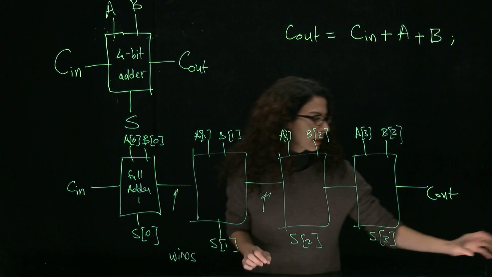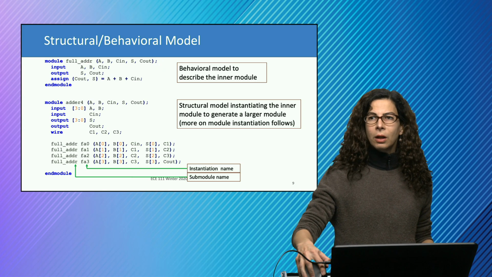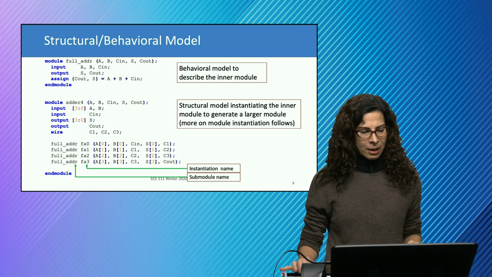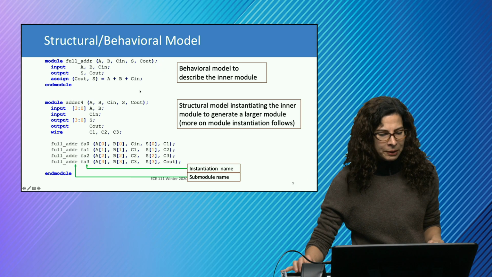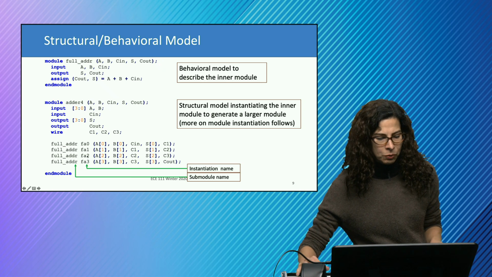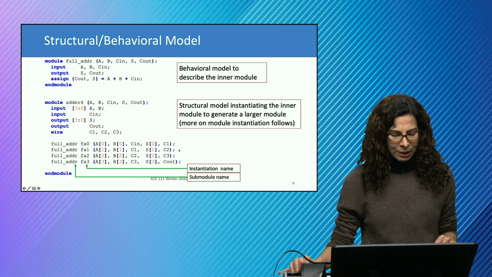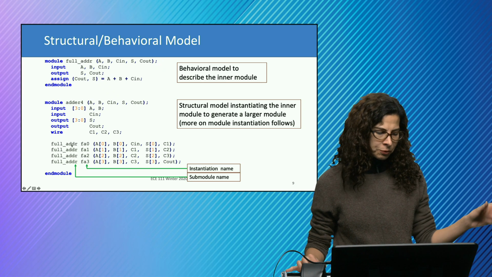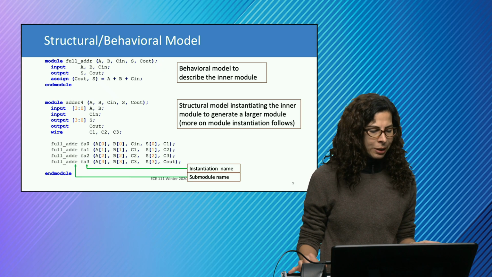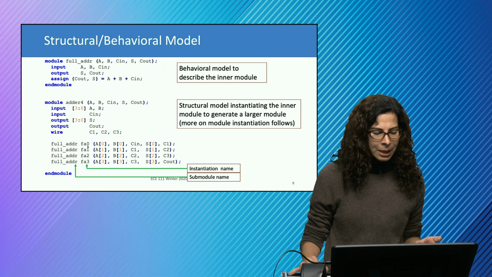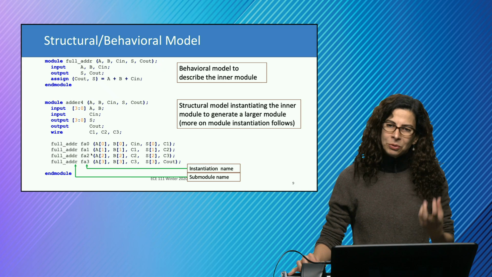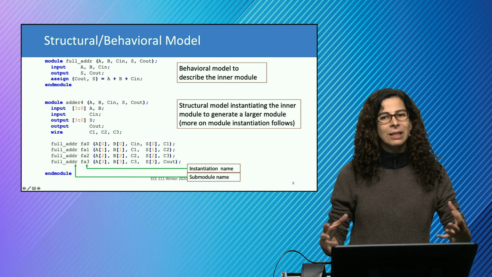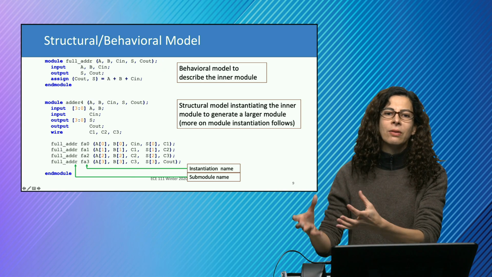Let's take a look at what it looks like in the computer program. Looking into the description of this module in the behavioral model versus the structural model, which we just drew on the board, we see that we have that one full adder module that is written before, and we are calling that full adder module. Every time we call it, we give it a new name, and this is really essential in understanding the language, because every time we instantiate, or call the module, we are really creating a piece of hardware in the actual design.